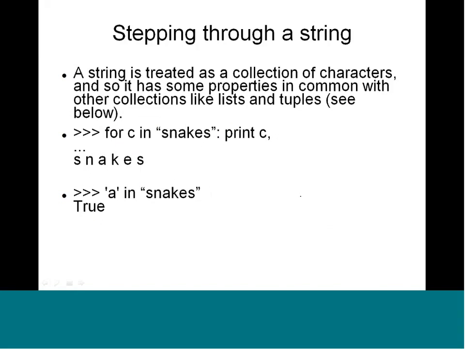So we can step through this. For example, we can define c in this string, print c, that prints one character at a time, because that's what the c takes the value of. And we can also do some checking, basically like is a in snakes, then the answer comes as true.